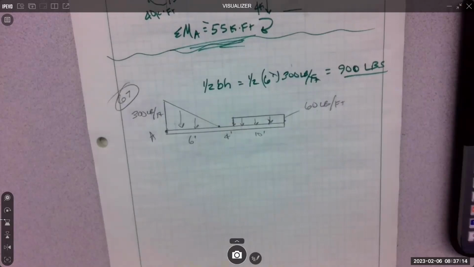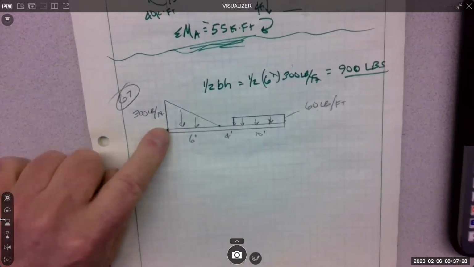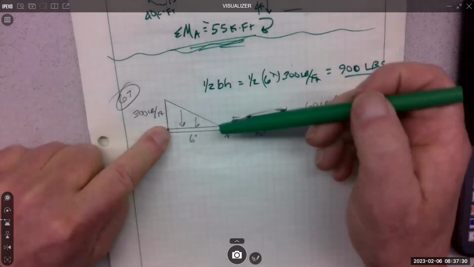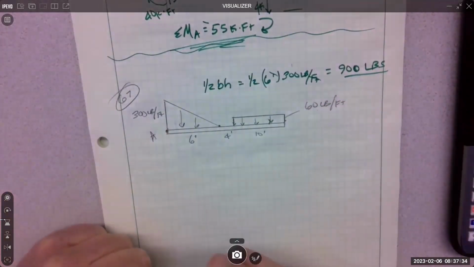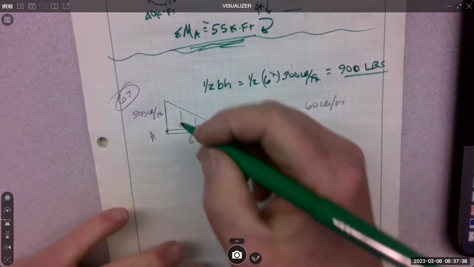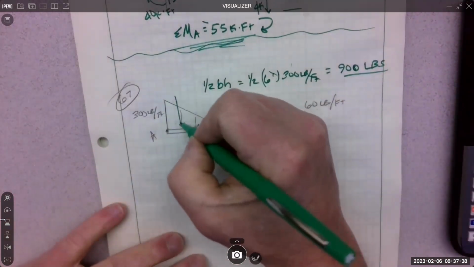Where do we put it? Through the geometric center of the shape. The shape's a triangle. If you don't know the geometric center of a triangle, you look in the front cover of your book and it's going to tell you that. It's 1/3 from the 90, so here's the 90 degrees, or 2/3 from the pointy end. Yep, which is 2.